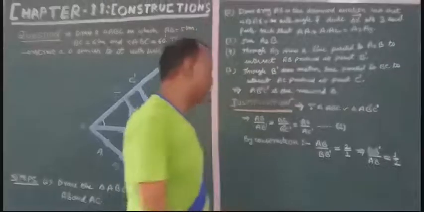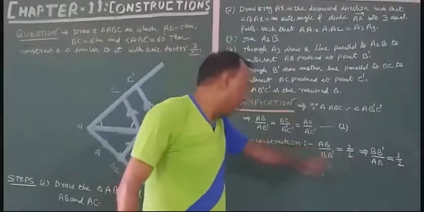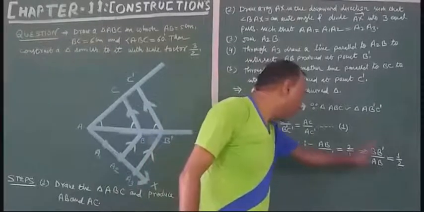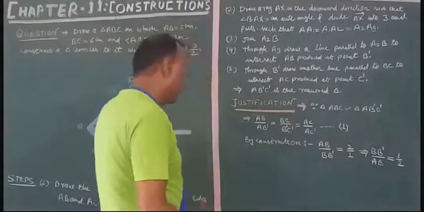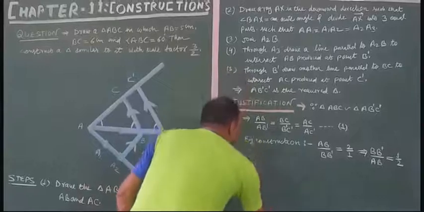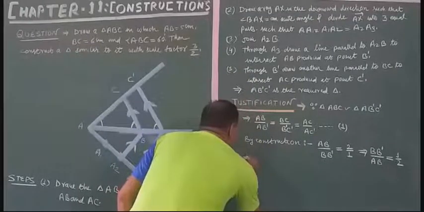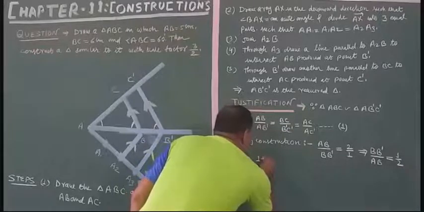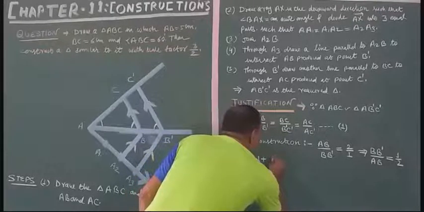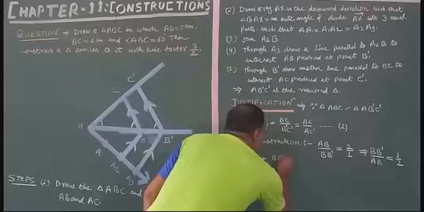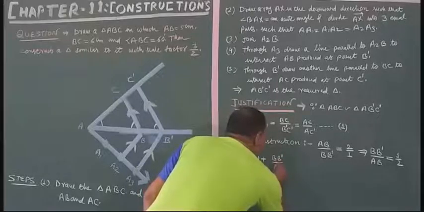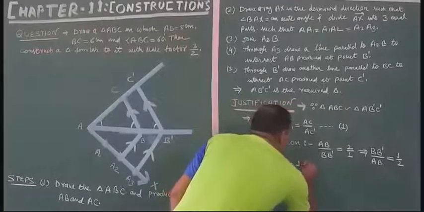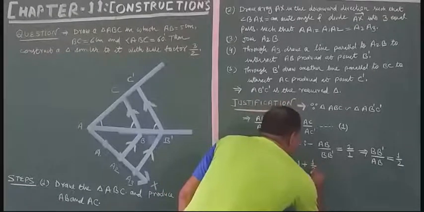If I invert them, BB dash upon AB will become 1 upon 2. Now adding 1 to both sides. Just look here. What will happen? 1 plus BB dash upon AB will be equal to 1 plus 1 upon 2.